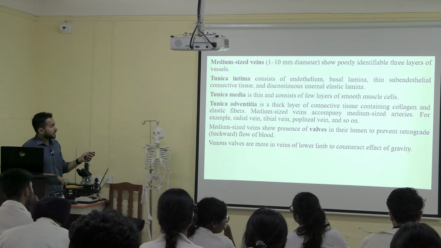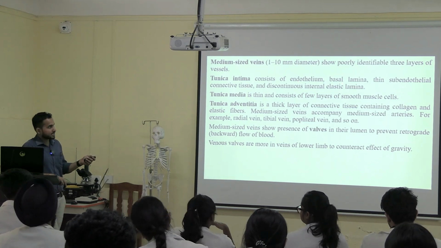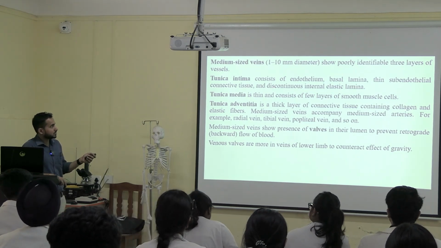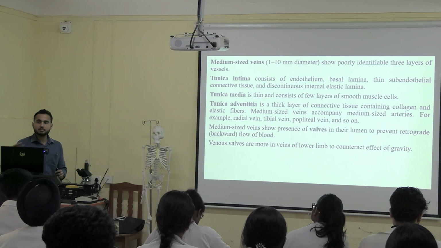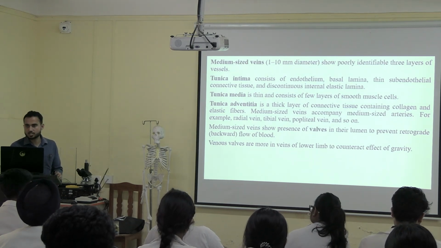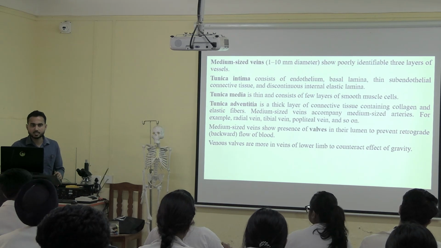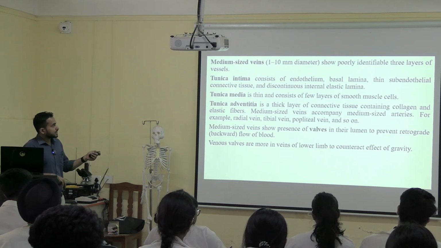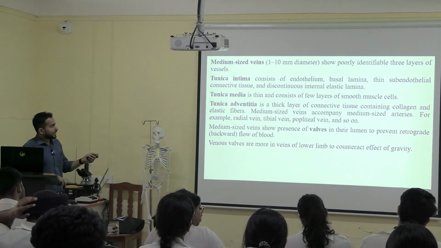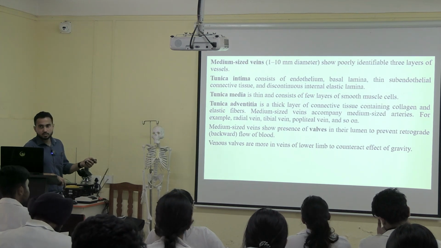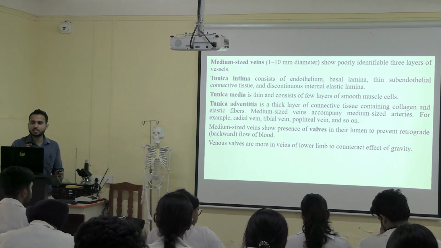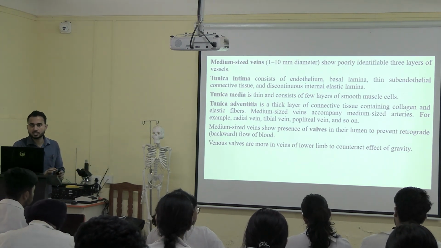Okay. Tunica intima consists of endothelium, basal lamina, subendothelial connective tissue. Next, internal elastic lamina is there, but it is discontinuous. Plates of internal elastic lamina are present, not continuous like the arteries. Tunica media is thin and consists of few layers of smooth muscle only. Okay, so here tunica media is very thin and only few layers of smooth muscles are present.